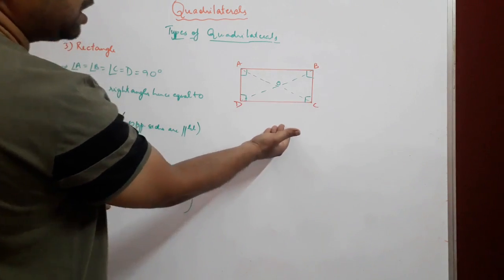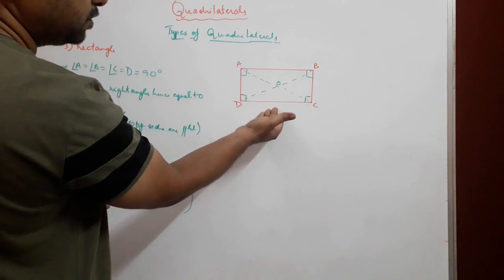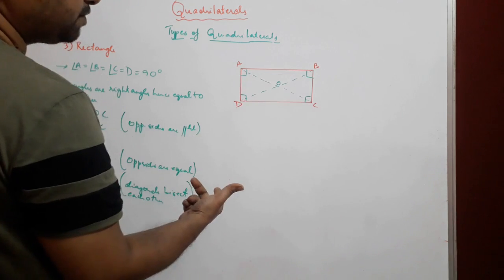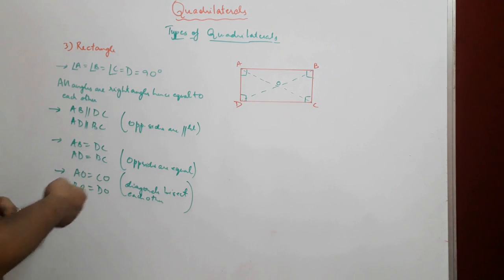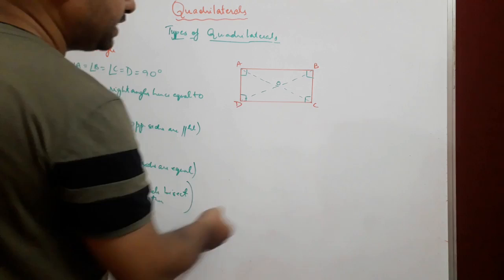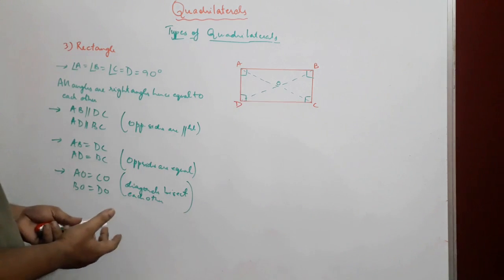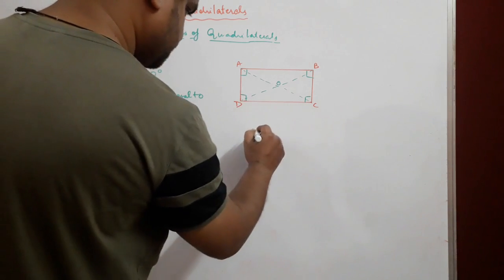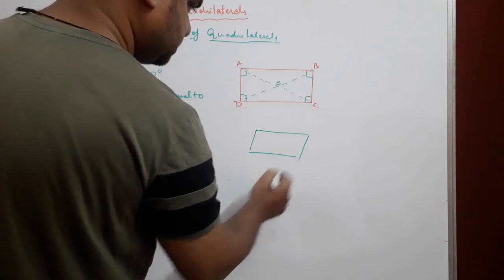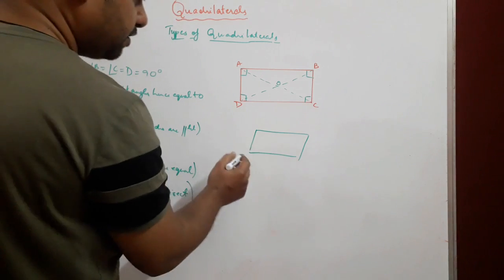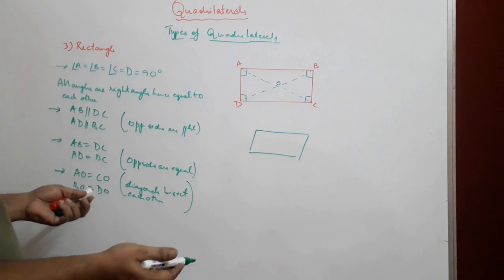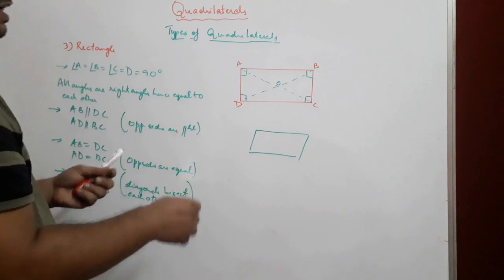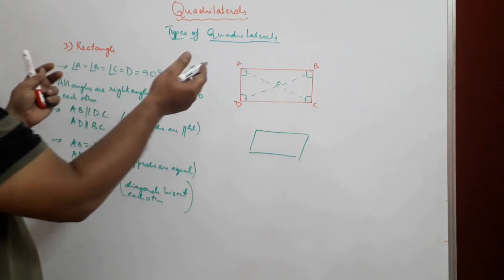Opposite sides are equal and parallel, diagonals bisect each other. Now the only point of difference here is that all angles are equal, but in a parallelogram, like if I draw a parallelogram over here, opposite angles are equal, but not all the angles are equal. Then how can we say that all types of rectangles can be parallelograms?